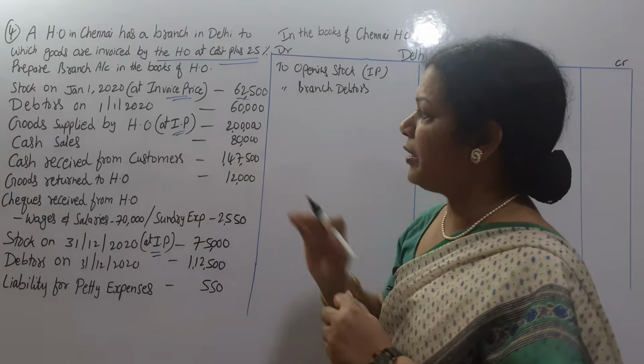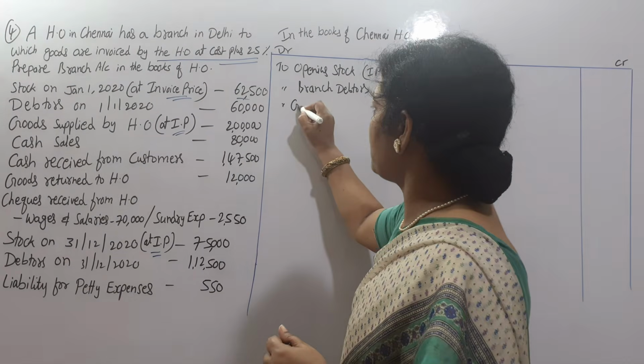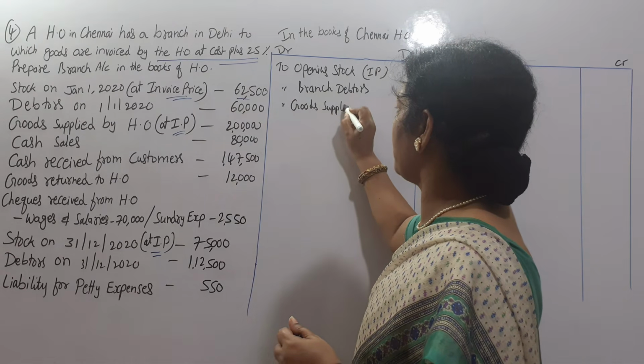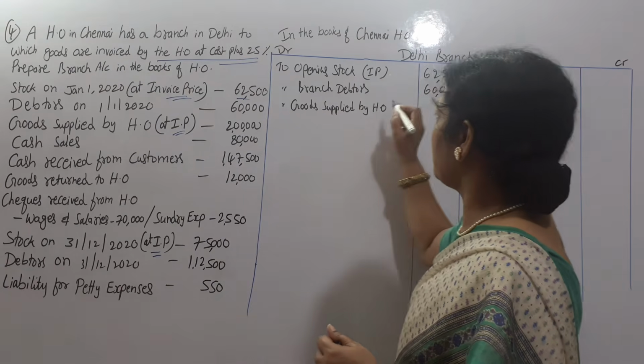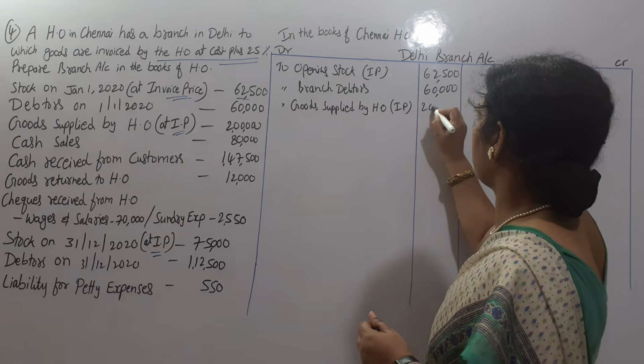Next, goods supplied by head office. When they are supplying goods, we'll write it on the debit side. Goods supplied by head office. This is also at invoice price, 2 lakh.